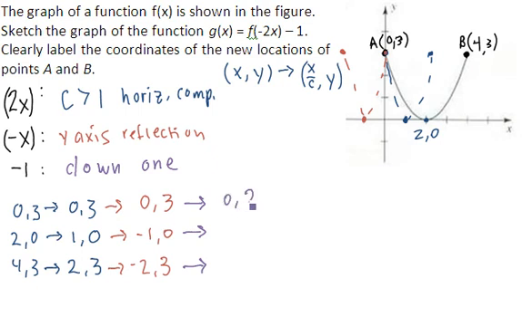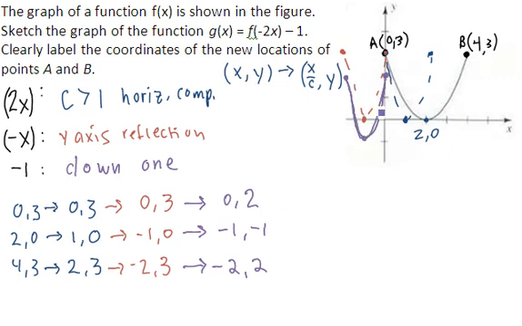So (0, 2), (negative 1, negative 1), (negative 2, 2). And now we go ahead and plot these new points. So (0, 2), you can see that it's moved down 1. We have (negative 1, negative 1), and (negative 2, 2) is up here. And we have our final graph.